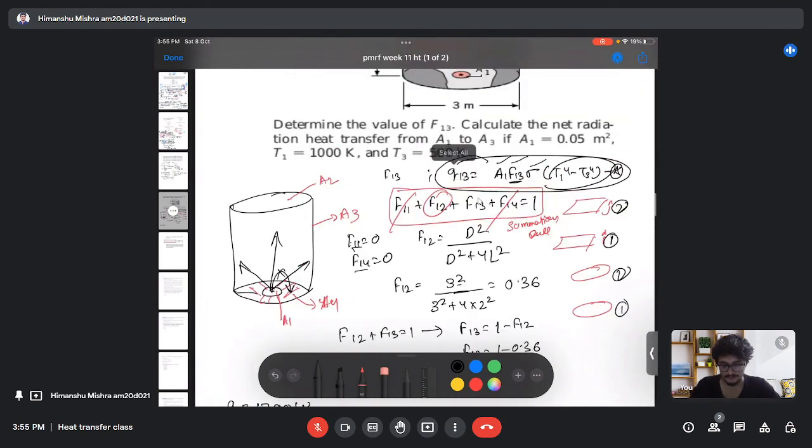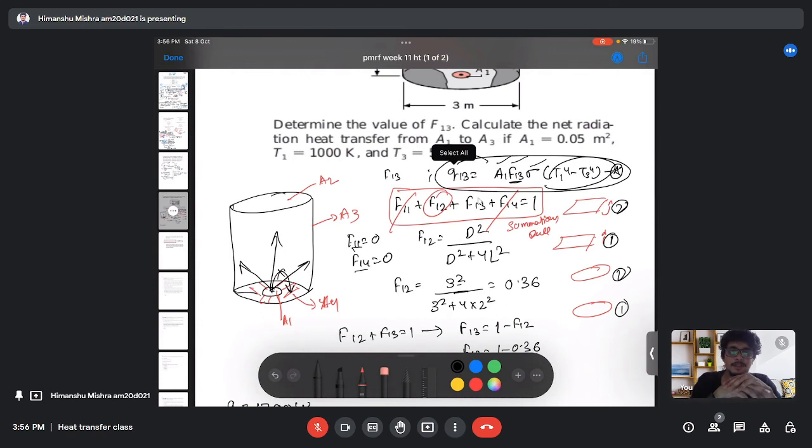So again, this is quite a straightforward problem. We are given multiple surfaces. So we use the summation rule first, and then by the direct inspection method, we found the view factor of easy surfaces like F11 and F14, which is 0. And then we use the geometry that there are two parallel surfaces.